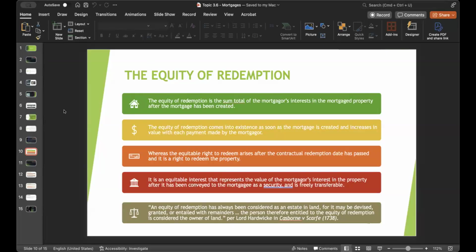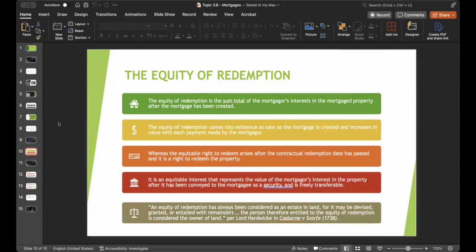I'm not sure if Keandre could step in at this point if he's still in here. Based on what Lord Hardwicke said in Casborne v Scarfe, an equity of redemption is considered to be an estate in land for it may be devised. So I'm wondering if it would be the similar way in which a regular estate in land would be devised, if that's the same thing for an equity of redemption.